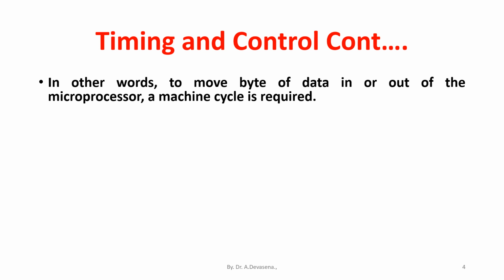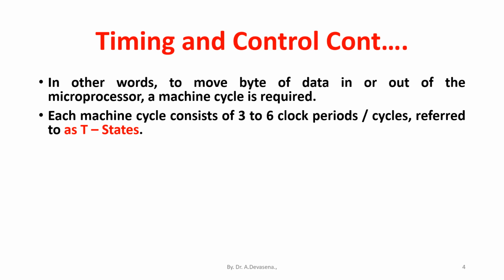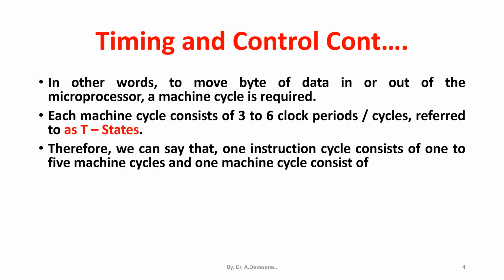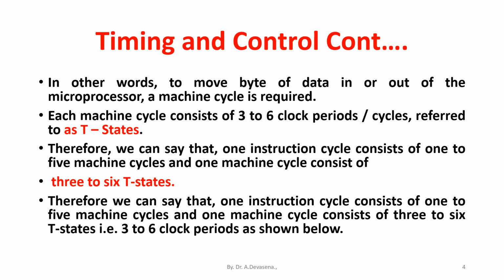Each machine cycle consists of 3 to 6 clock periods or cycles, referred to as T states. Therefore, we can say that one instruction cycle consists of 1 to 5 machine cycles, and one machine cycle consists of 3 to 6 T states, that is 3 to 6 clock periods, as shown below.